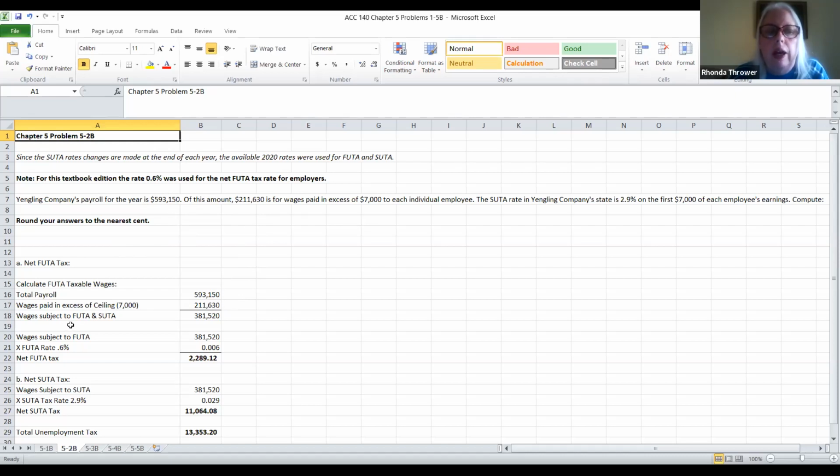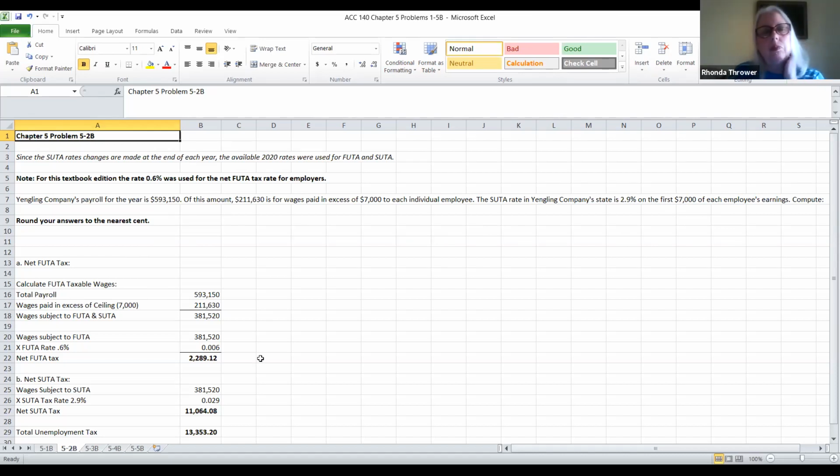That will give you the wages that will be subject to FUTA and also for SUTA, because the SUTA also had a ceiling of $7,000 for each employee that we paid at least $7,000 to. We have to pay taxes on that $7,000, but anything above that, we do not pay taxes on.